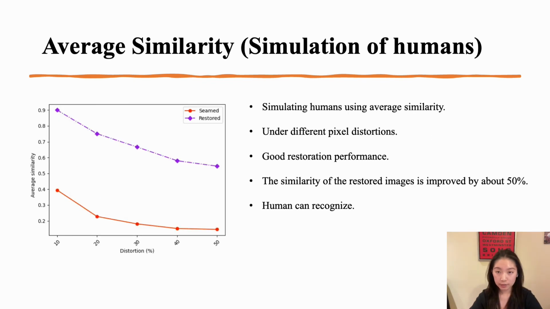The similarity of the seamed and restored images of the entire fish dataset is calculated separately from the original images. Simulating human perception with similarity and observing the effect of image restoration, it can be seen that as the distortion rate increases, the similarity between the restored and the original images is improved by about 50% after restoring the seamed images.